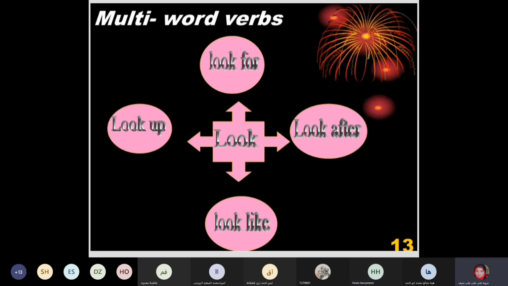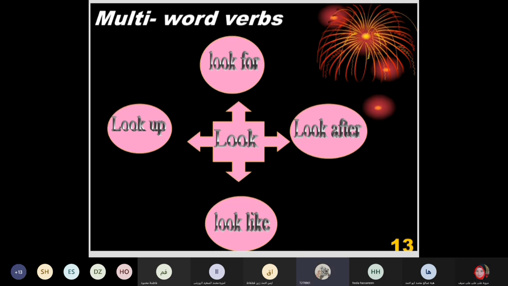I have to ask you another question about a word that our friend has just said. What is a particle? Our friend said that it's a verb whose meaning is different when you add the preposition or a particle. What is a particle?